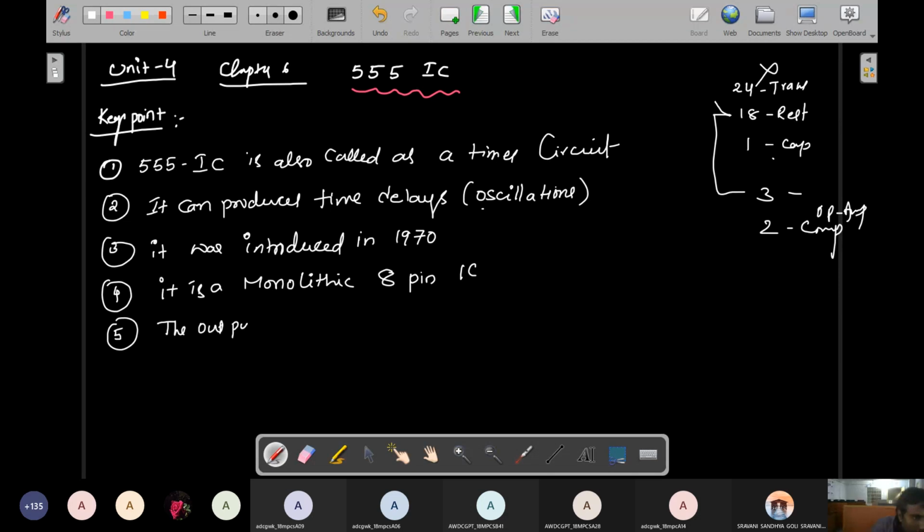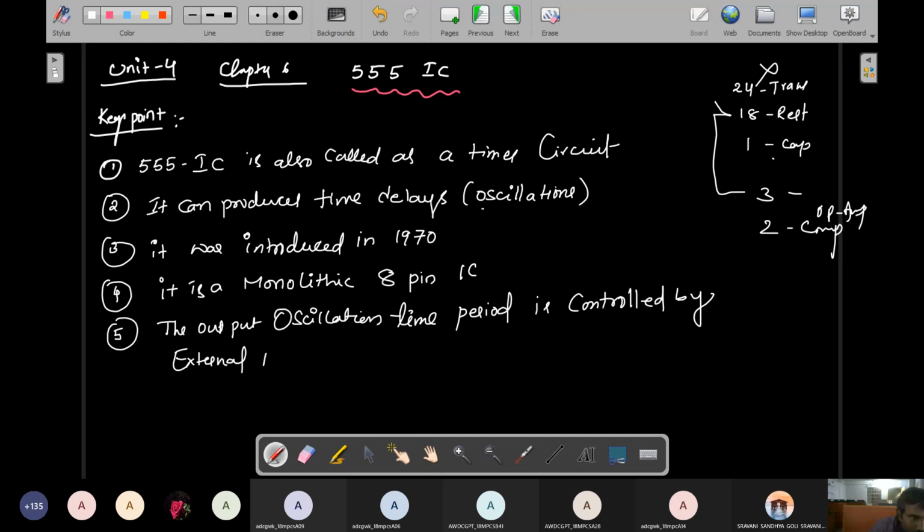The output oscillation time period is controlled by external resistors and capacitors.